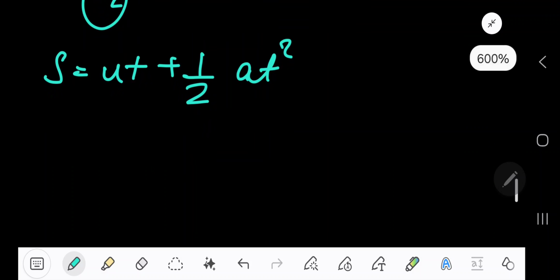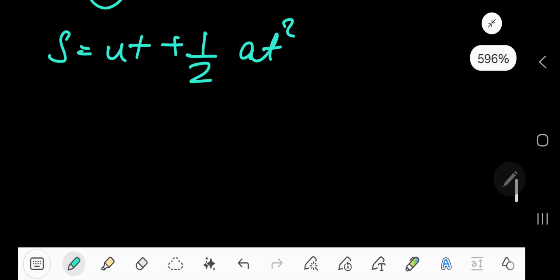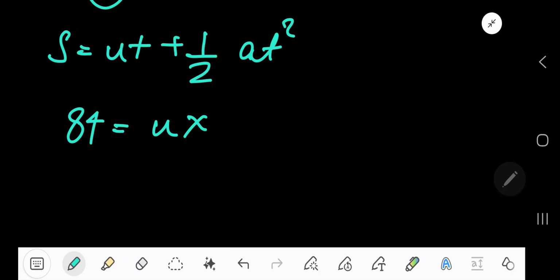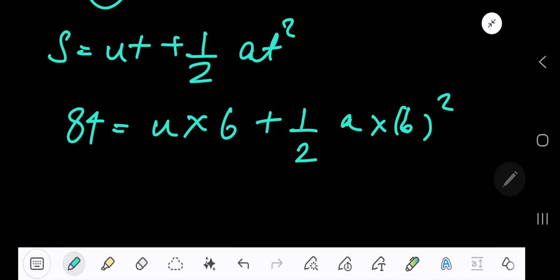Alright, when you plug in the values in this equation, what would happen? 84 equals u times 6 plus half a times 6 squared. Two ones are two, threes are three.